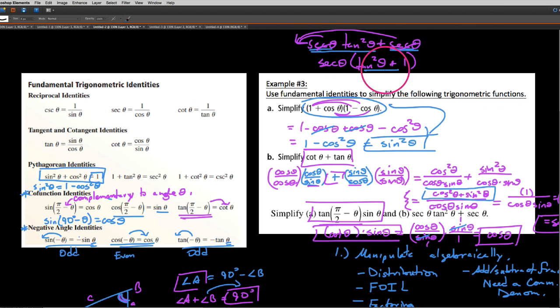So the benefit to doing this is because the tangent squared plus 1 looks very Pythagorean, and when you look down here at tangent squared plus 1, what we see is that's the same thing as a secant squared. So instead of secant theta times tangent squared plus 1, we're going to say secant theta times a secant squared of theta, which comes out to be, really, secant cubed of theta.